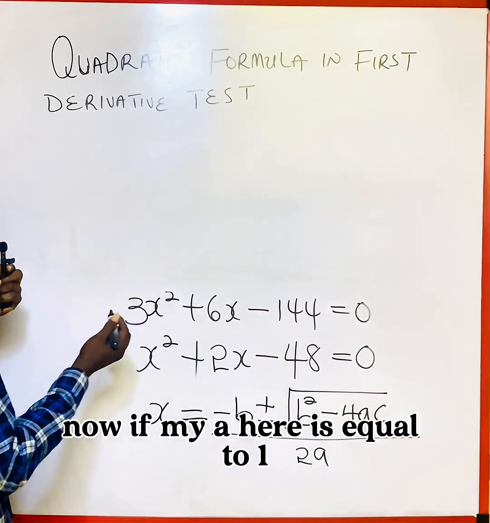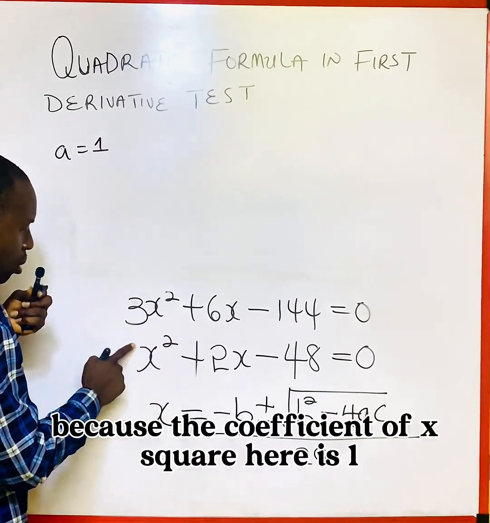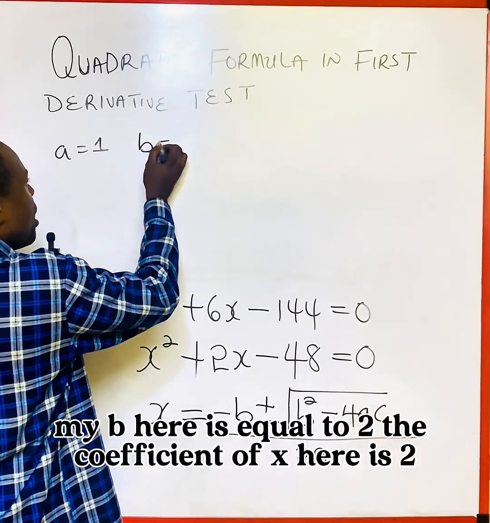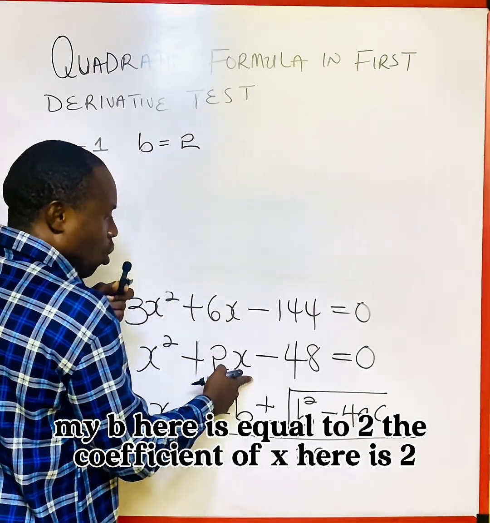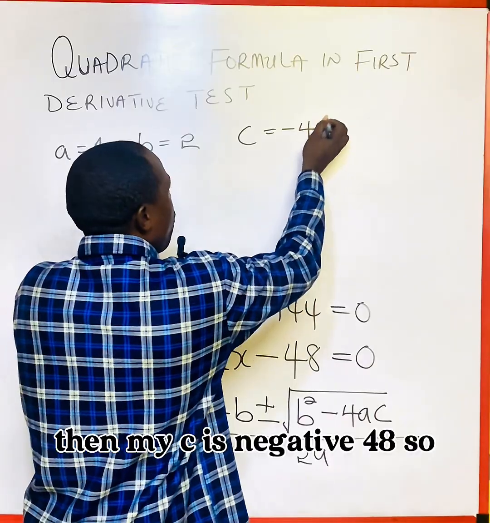Now, my a here is equal to 1, because the coefficient of x squared is 1, my b is equal to 2, the coefficient of x, then my c is negative 48.